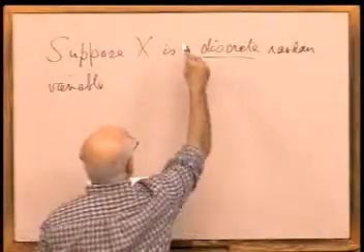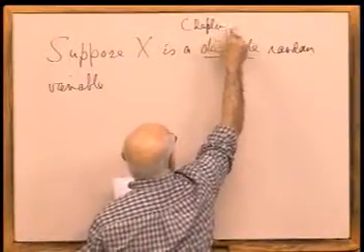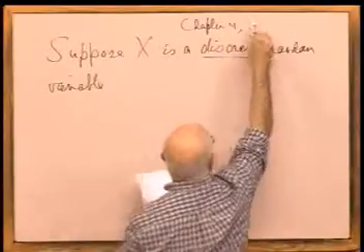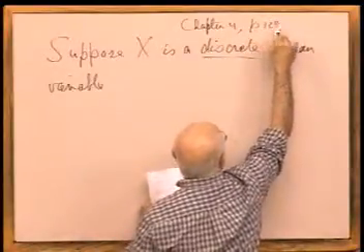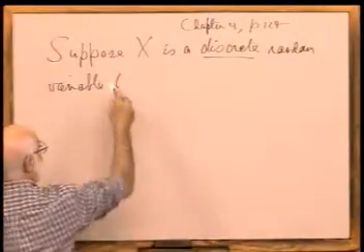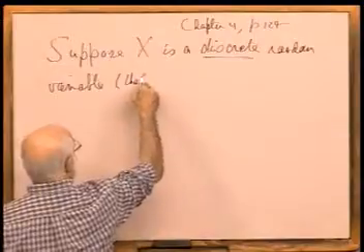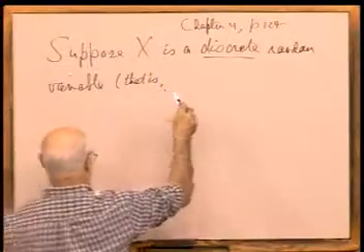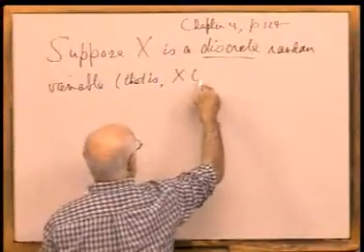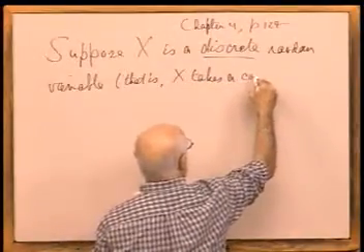The material I'm talking about here is in chapter 4, beginning on page 129. When I say discrete random variable, what I mean is that X takes a countable number of values.